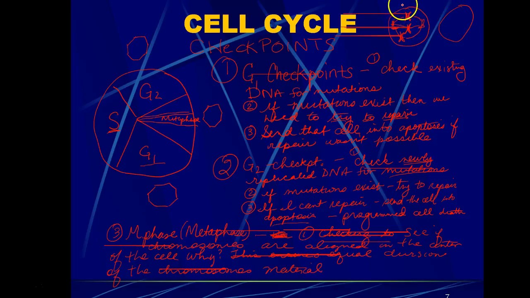So I'm going to choose this one. When this guy divides, this cell has this chromosome, that chromosome, but because this one wasn't aligned in the center of the cell, we ended up with too much DNA material.